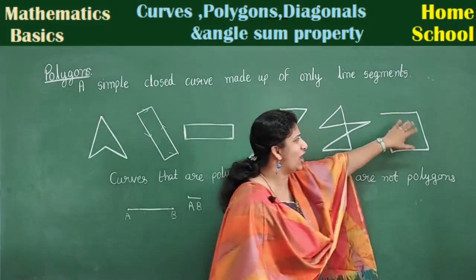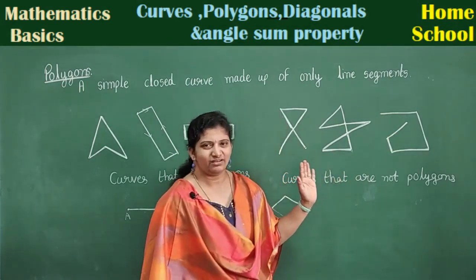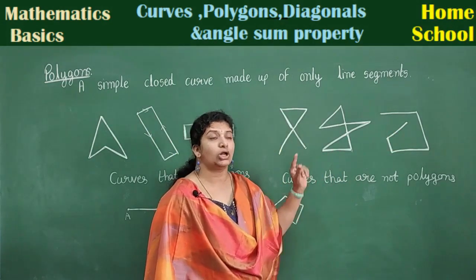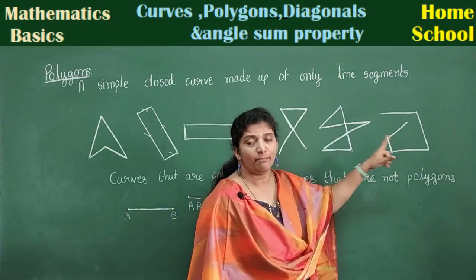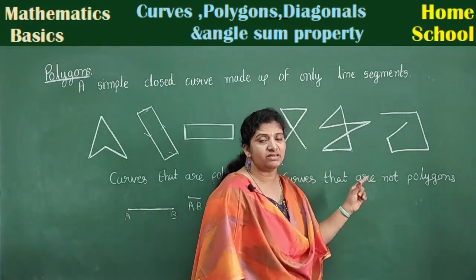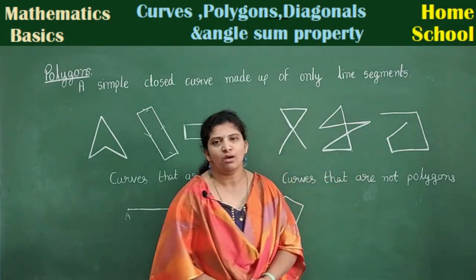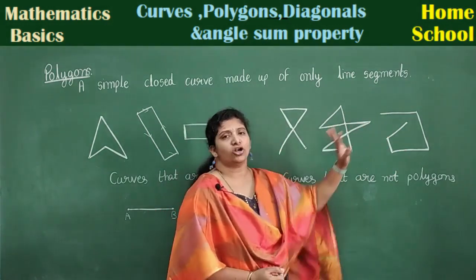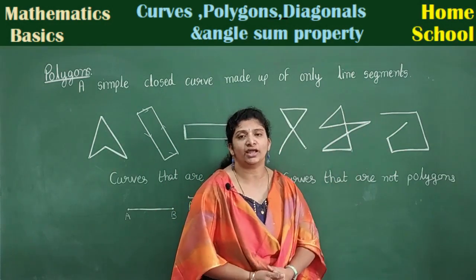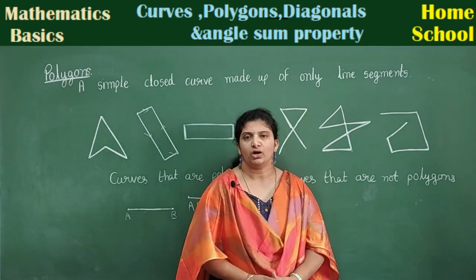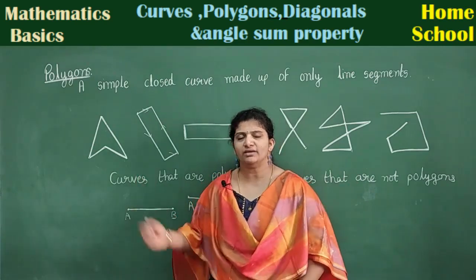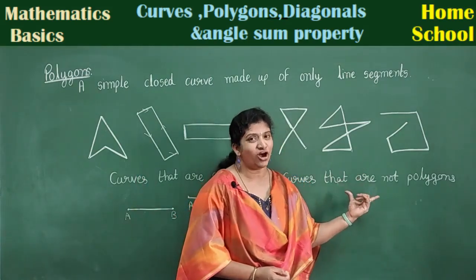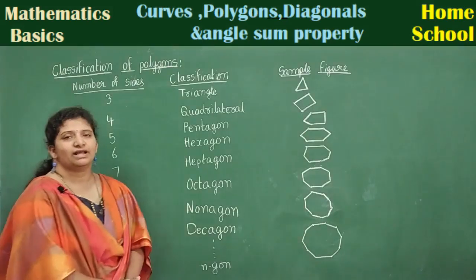No, it is not closed. Right? A simple closed curve made up of line segments, we call it a polygon. It is not closed, so we say it is not a polygon. Okay, curves which are polygons, curves which are not polygons.